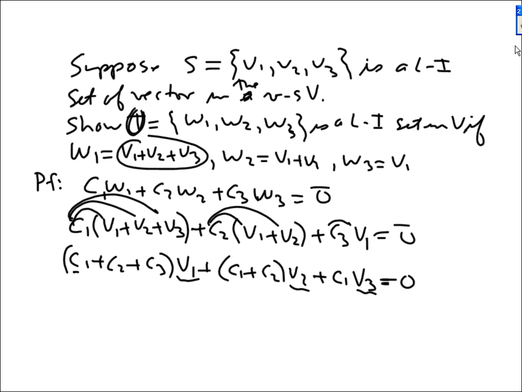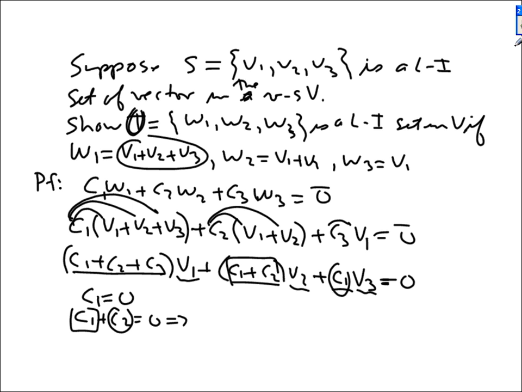Oh, then these coefficients must be 0. I'm going to write the last one first. C1 must be 0. This must be 0. C1 plus C2 must be 0. But if C1 is 0, what do you add to 0 to get 0? 0. C2 must be 0. If this is 0, what do you add to get 0? 0 plus 0 is 0. And this is also 0.